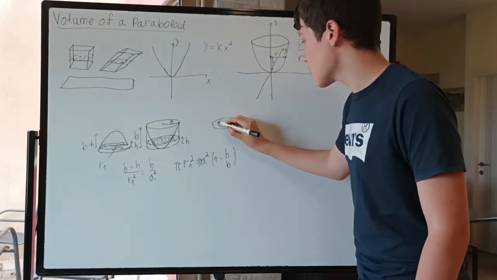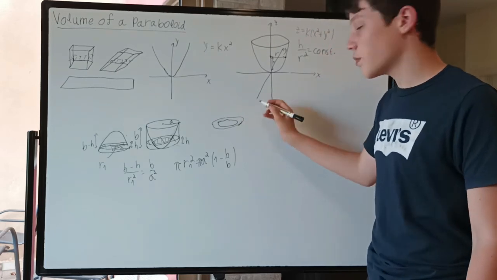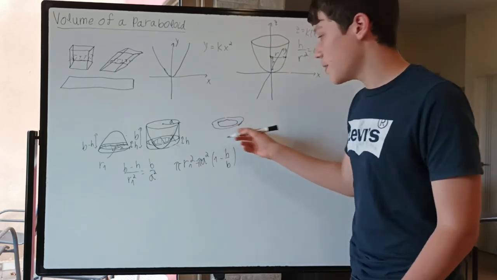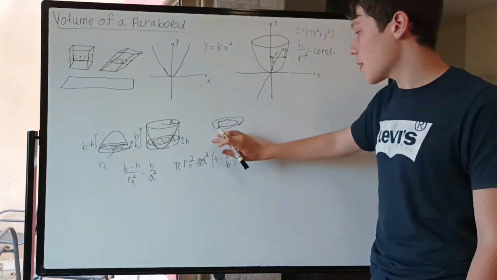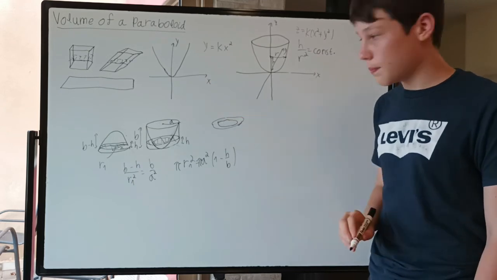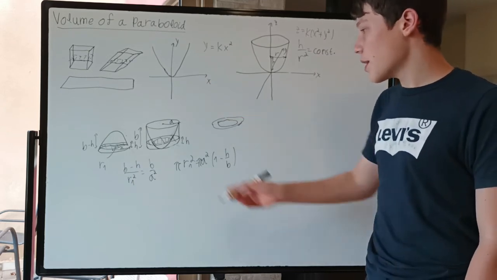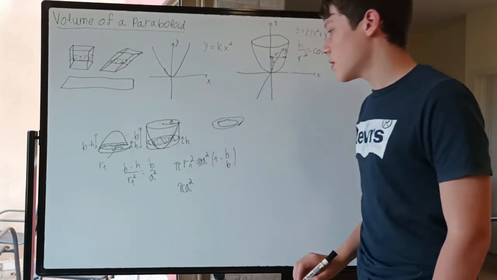Well, not like this, if this was a circle. So it sort of looks like this, the cross section, and these two are circles, and this is a hole. So what we're going to do is take the area of the entire thing, subtract the area of the hole, right? So the area of the entire thing is simple. It's pi a squared.